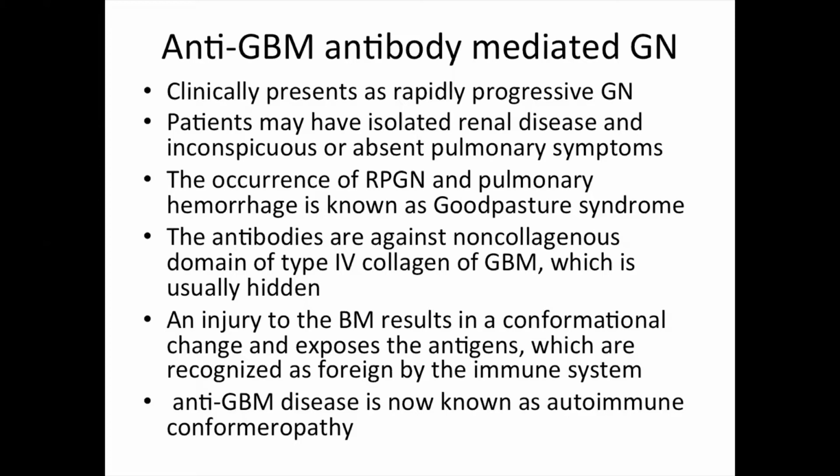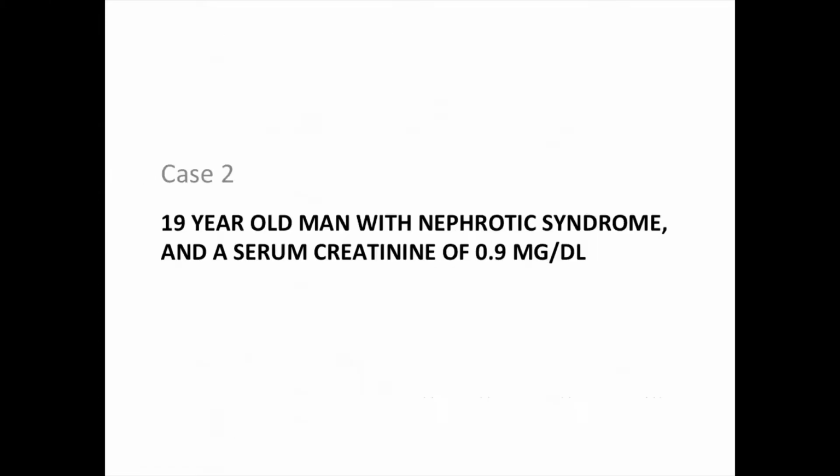And on IF it's pauci-immune. We will have less than intensity of 2 in some of the complements, and if present it will be granular. But in anti-GBM we will have linear intense staining along the IgG. This is not present in ANCA disease. All right, so we'll go on now to case 2.